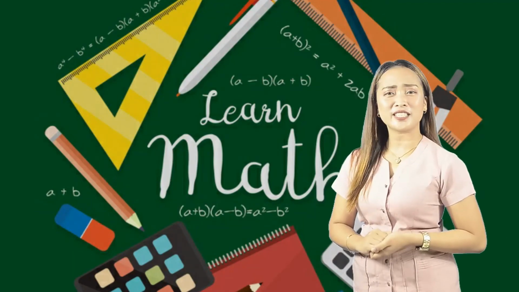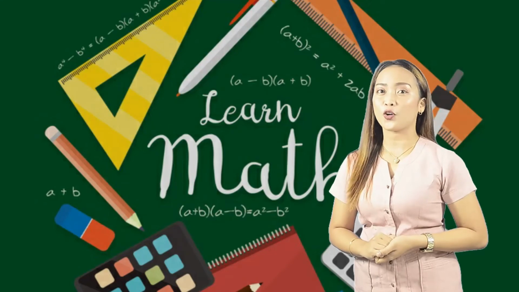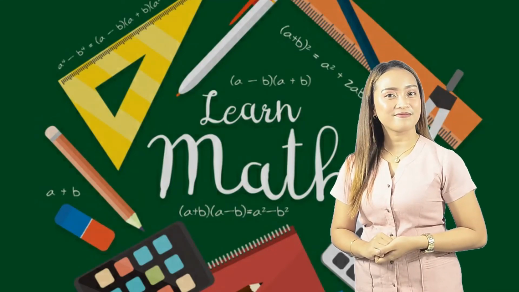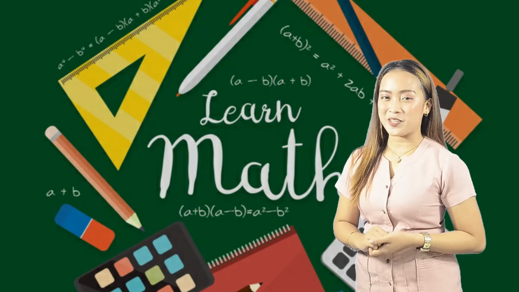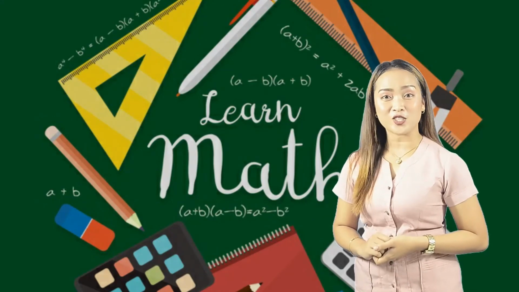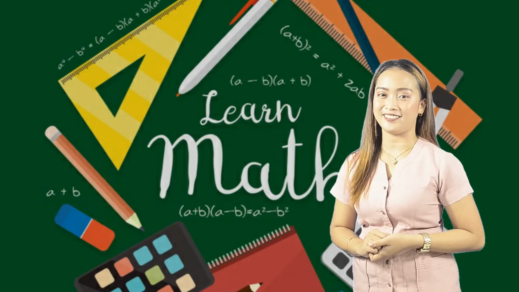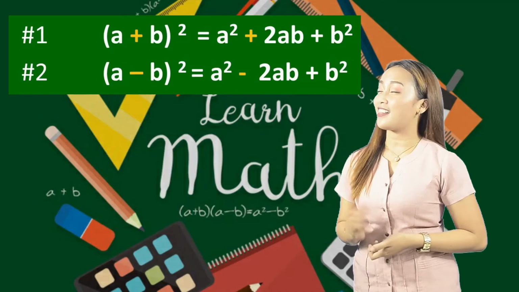Now, you have already remembered how to find the first, the middle, and last term. Then how do you determine the sign or operation of the middle term? Yes, it depends on what operation is being used in the given binomial, as you can see on the screen.